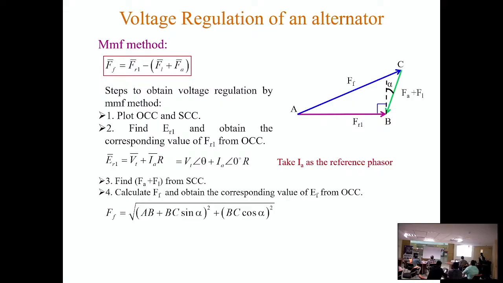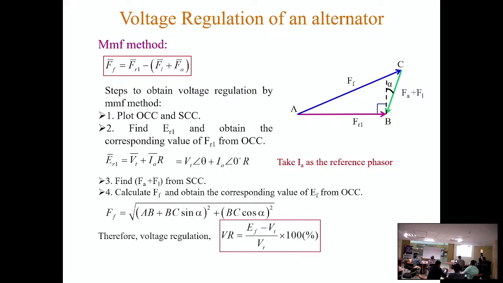This square plus this amount, which is the sine component of this length, plus the cosine component of this length, will give you FF square. If you take the square root of this, you will get FF. After getting FF, using OCC, you will get the corresponding EF directly from the OCC plot. After getting EF, the formula remains the same.